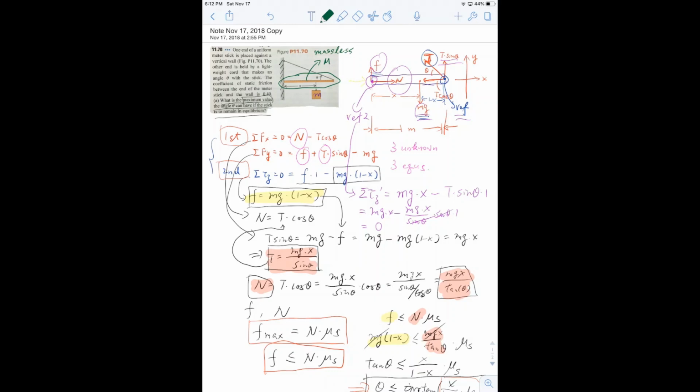We have to consider the weight force that comes from the center of gravity, the midpoint of this meter stick, and it points down. That will be big M times G. If we consider that, the result will be slightly different, but the calculation and the equations that we use remain the same.